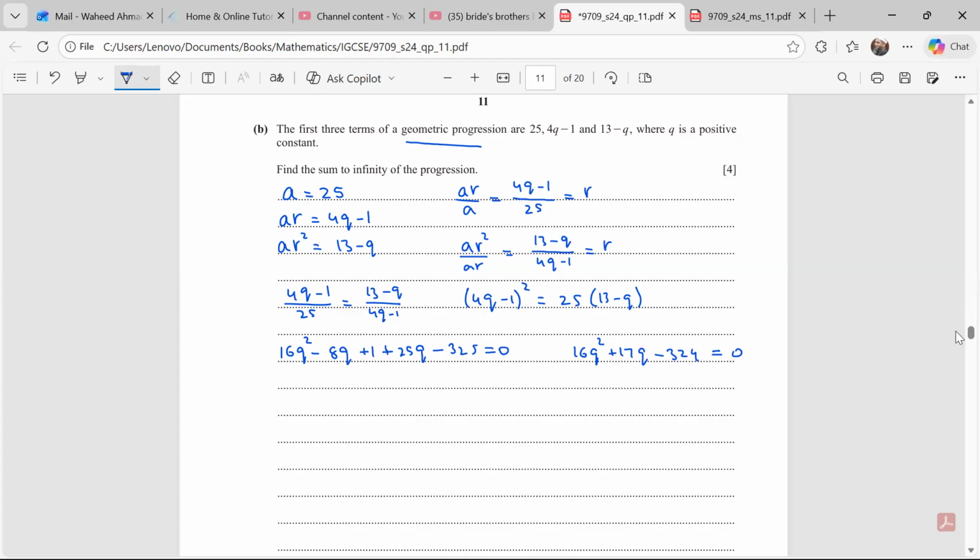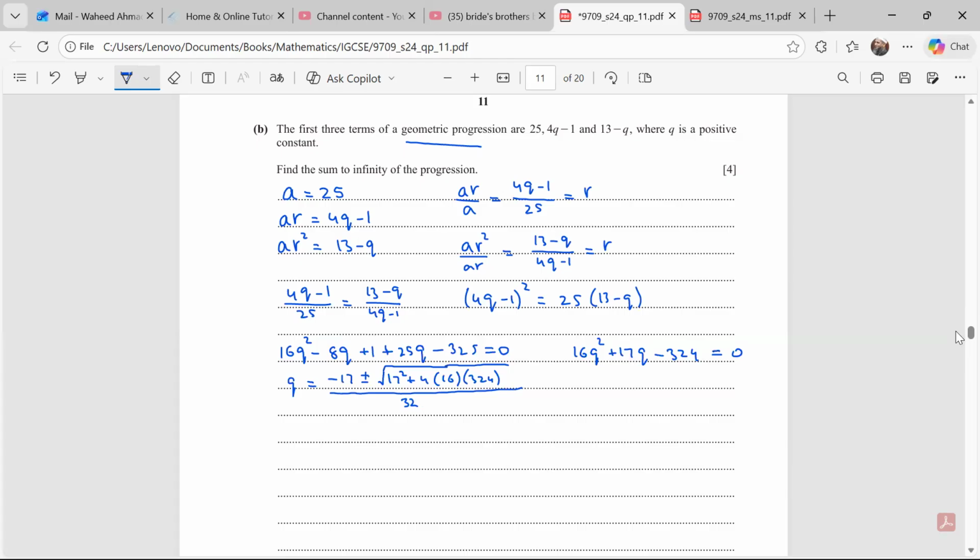So let's use the quadratic formula. q equals minus b, which is minus 17, plus minus under the root b square, which is 17 square, minus 4 into a, which is 16, into c, which is minus 324. So this minus will make this thing plus, and I have 324, divided by 2a, which is 2 times 16, is 32.